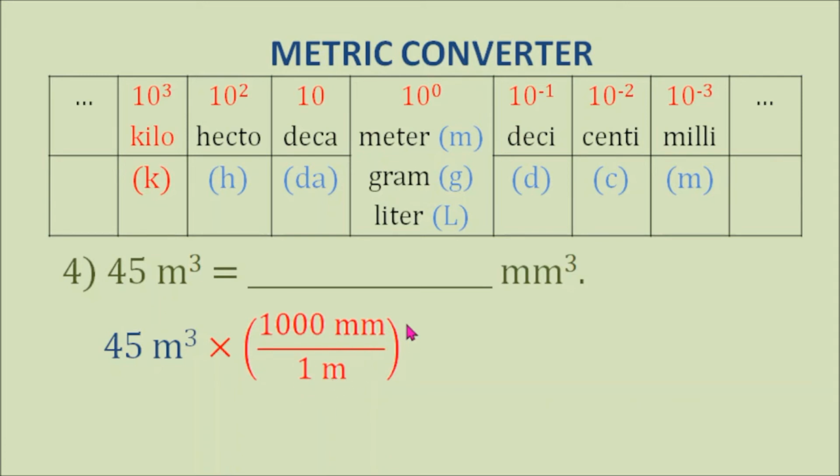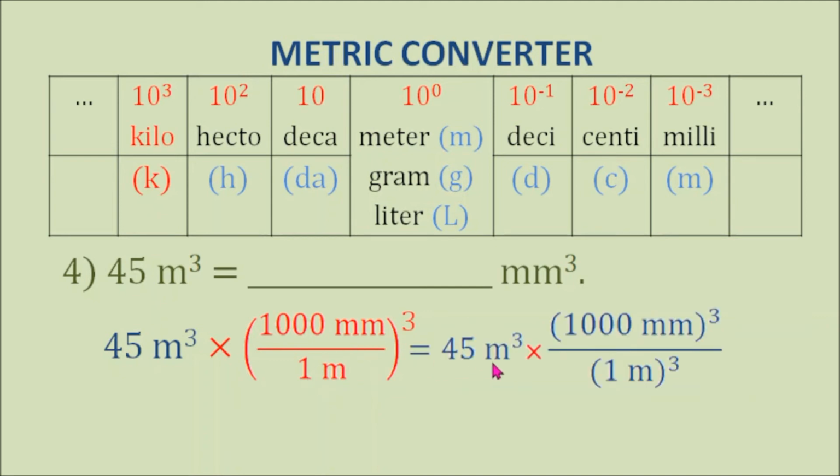Then we are going to raise this ratio to the third power. And this exponent 3 is for both the numerator and the denominator. So we have 45 meters cubed times 1000 millimeters cubed over 1 meter cubed. So this meter cubed cancels out.